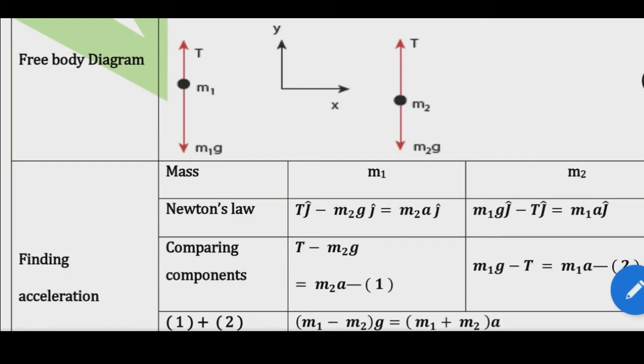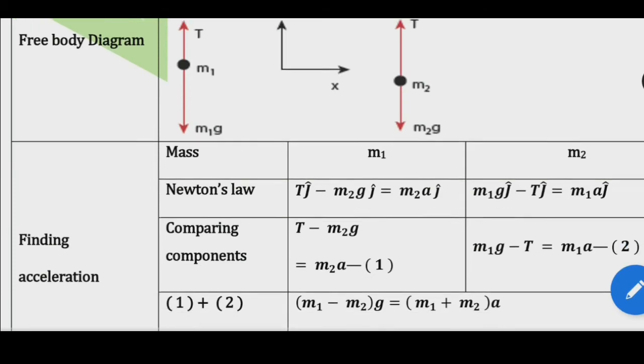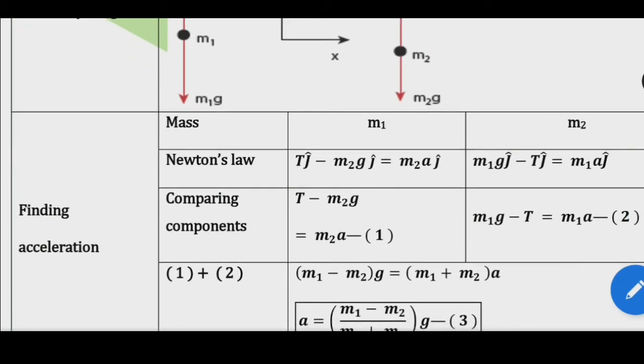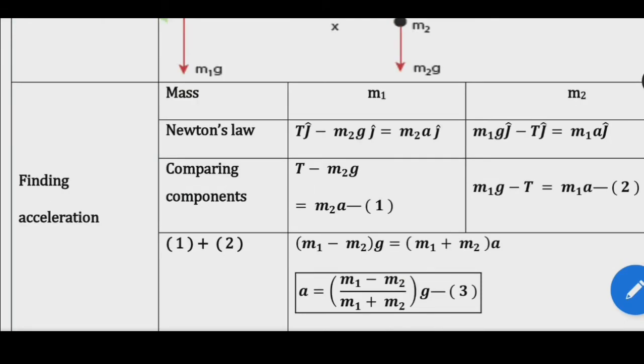Adding equations 1 and 2, we get (M1 minus M2) into g is equal to (M1 plus M2) into a. Now we get the value of a is equal to (M1 minus M2) by (M1 plus M2) into g. This is equation number 3.